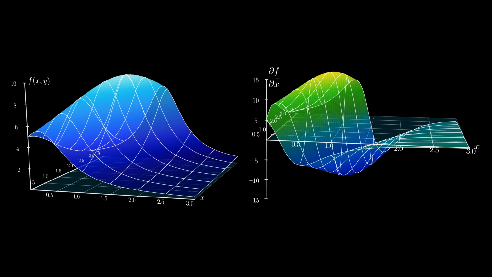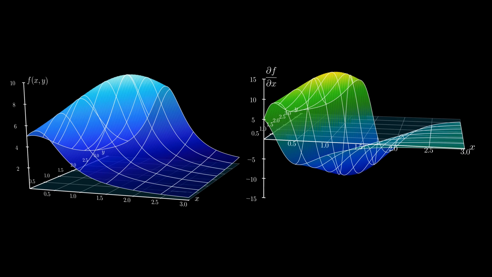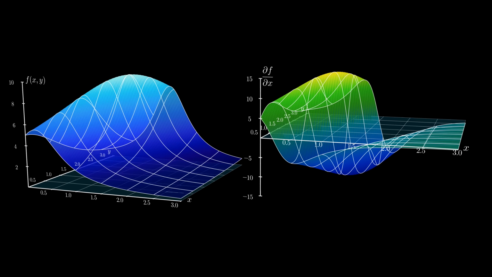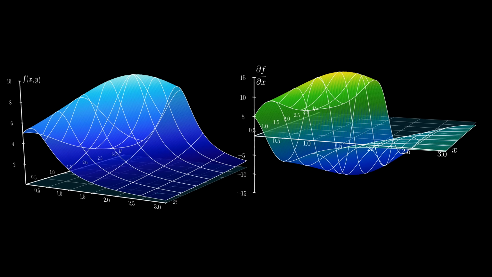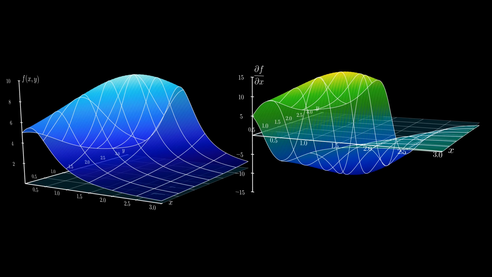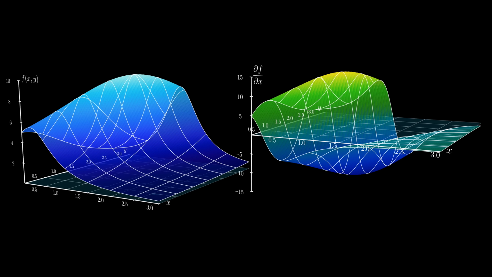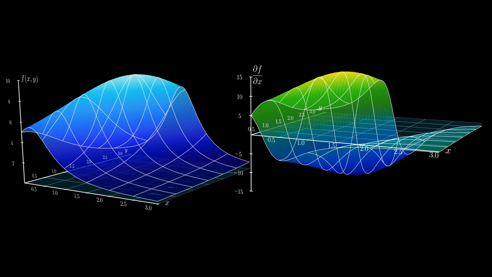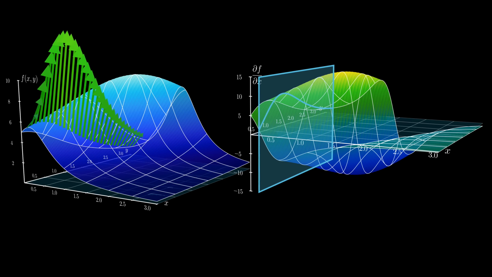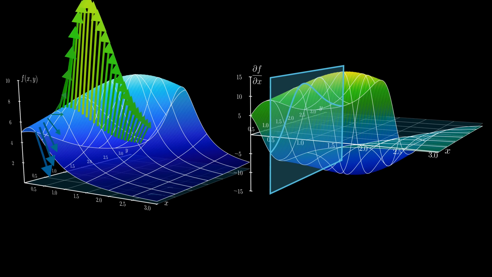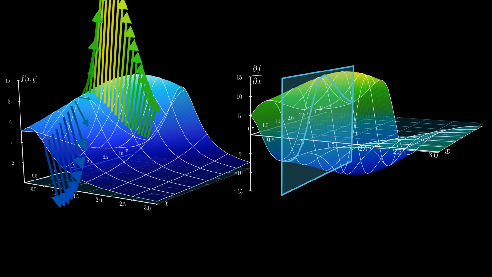This function represents the change in f of xy given a change in x, just like it did with functions of a single independent variable. But here we are assuming y is held constant, although we're not setting it to any particular value. If we compare the original function to its partial derivative with respect to x, moving parallel to the x-axis in the positive direction, we see that the function is increasing and the partial derivative is positive.